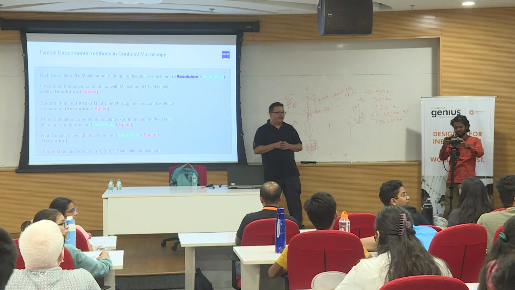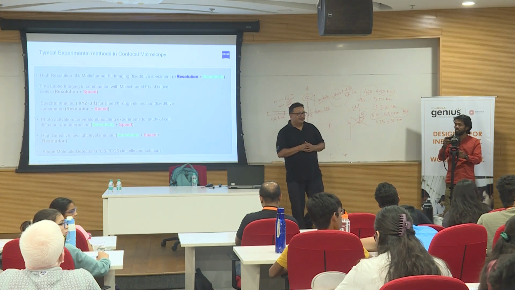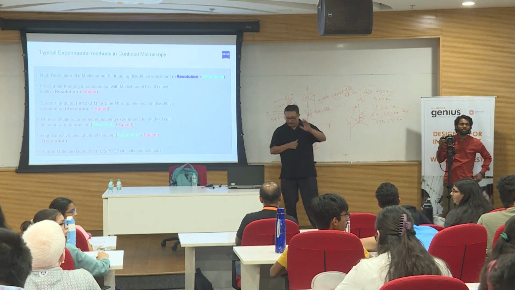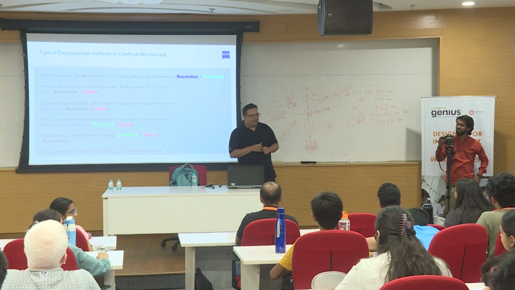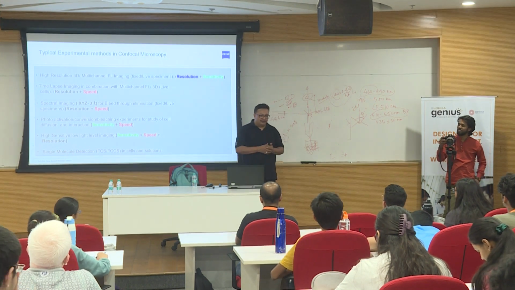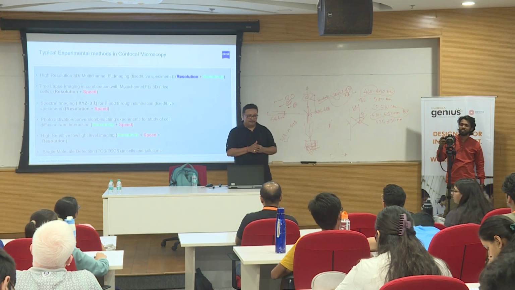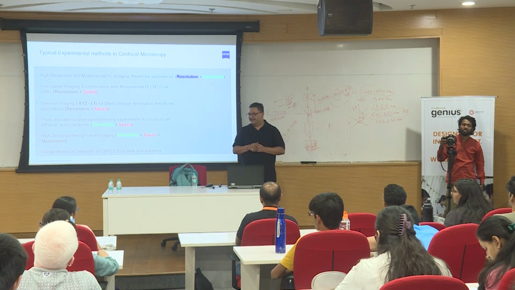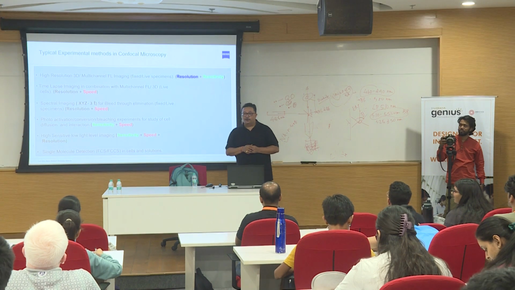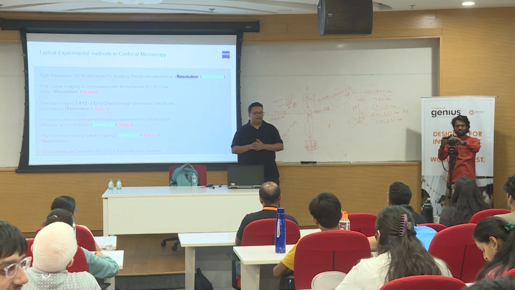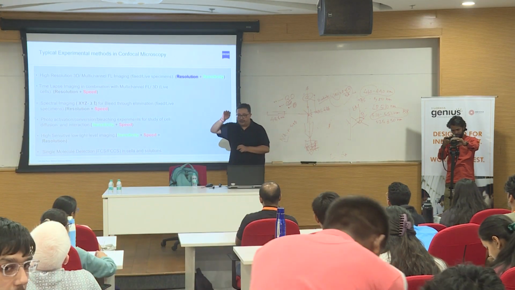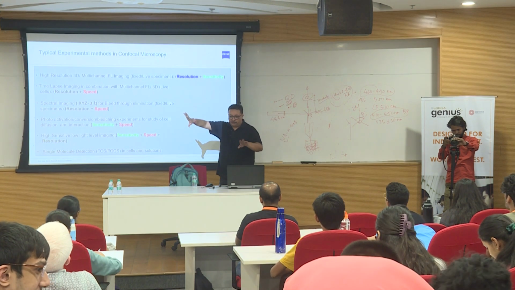How many grayscale values does an 8-bit image have? 2 to the power 8. How much is 2 to the power 8? 256. So on a scale of 0 to 255, whatever is 255 is brightest, and whatever is 0 is darkest.